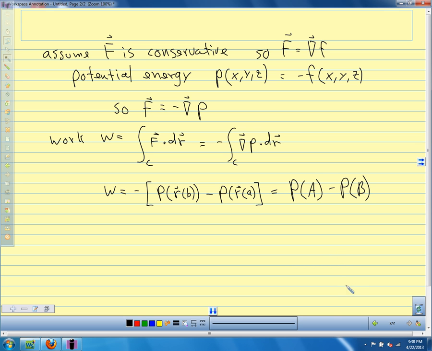And we're going to equate the two expressions for work.